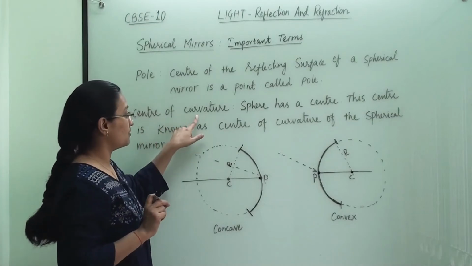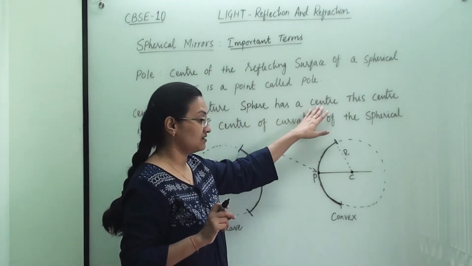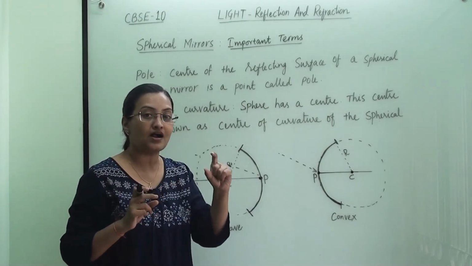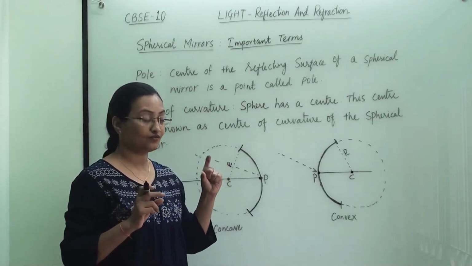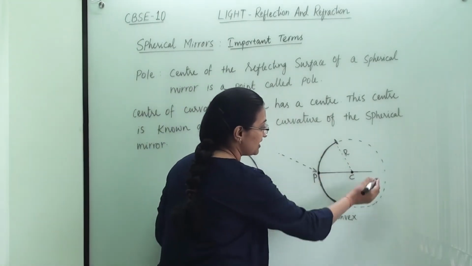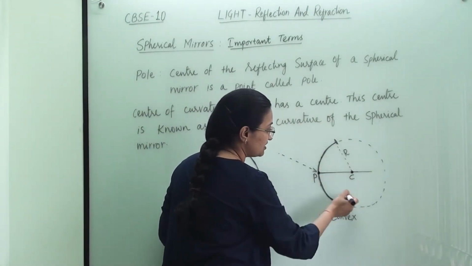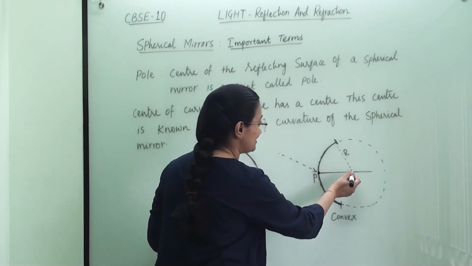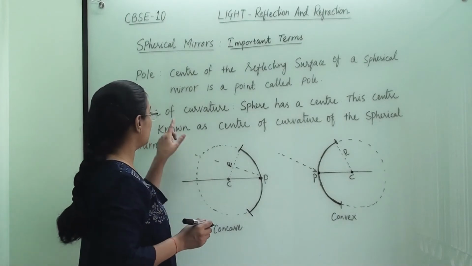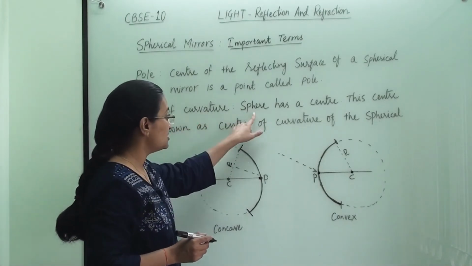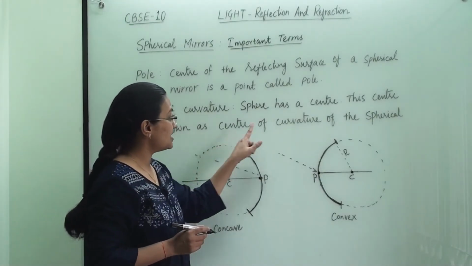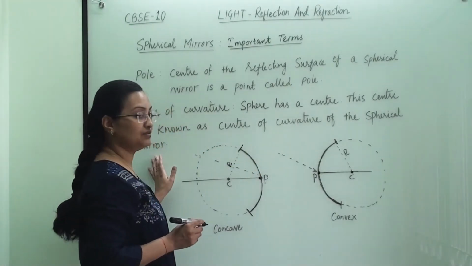Now the center of the curvature. A sphere has a center. Spherical mirrors are a part of a sphere. So if we imagine this full as a sphere, then this sphere has a center. That center is known as the center of the curvature of the spherical mirror.